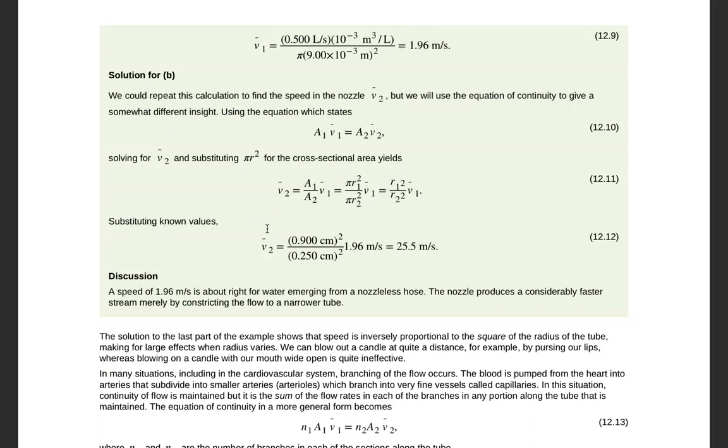Substituting the known values, you have 0.9 centimeters squared over 0.25 centimeters squared, times the 1.96. This will give us 25.5 meters per second, and that's velocity 2. Notice here that pi, you don't really have to use 3.14. It's the same value, so they cancel out each other.